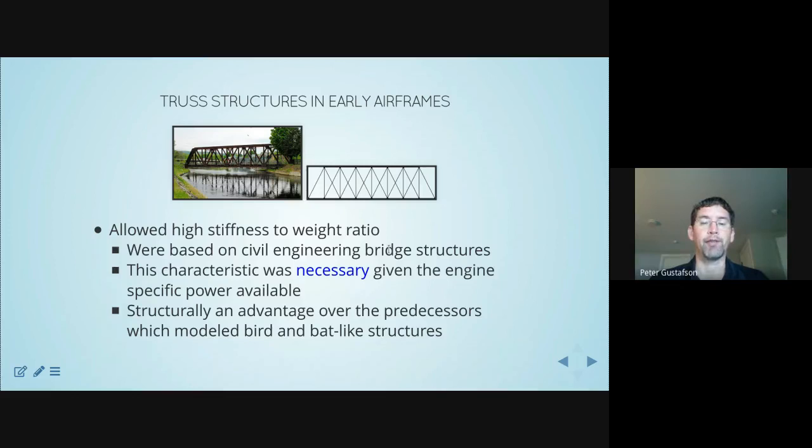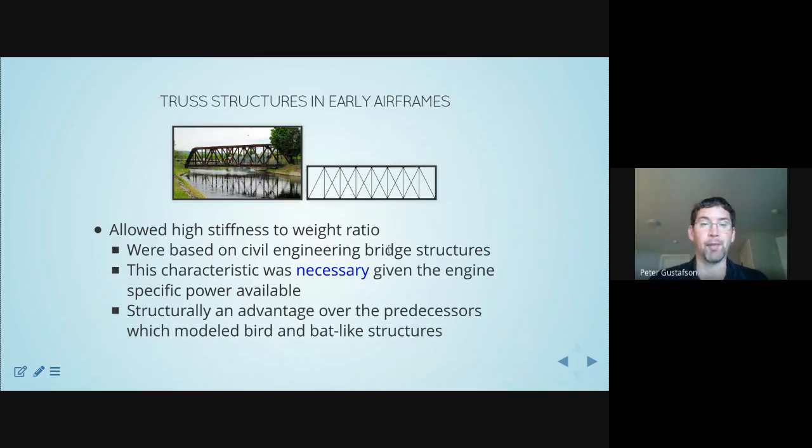However, the aircraft engines that we have now are much more powerful, especially on a specific power basis. That's the amount of power generated per mass of the engine. And so therefore, the aerodynamic penalties associated with the truss-like structure as we've increased our speeds have essentially outweighed the structural benefits once you get past a certain airspeed.